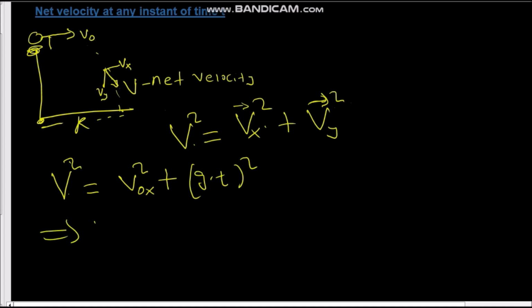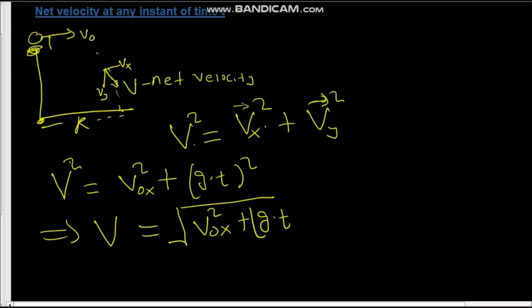This implies the net velocity is equal to the square root of v naught across the x squared plus g times t the whole squared. Okay, this is the formula.